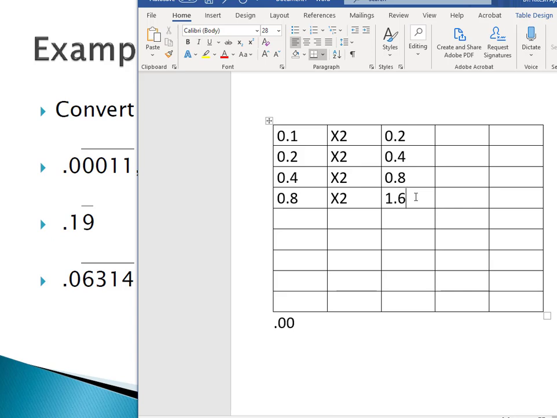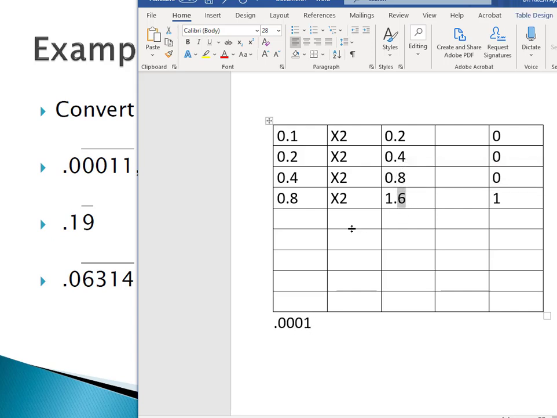Now remember, I said that we were keeping this whole number, separating it. We're keeping the 0 in the 0.4, we're keeping the 0 in the 0.8. Now we're going to keep the 1 in the 1.6, and we have to write it in here as well.